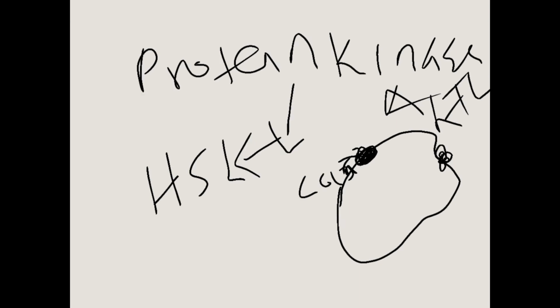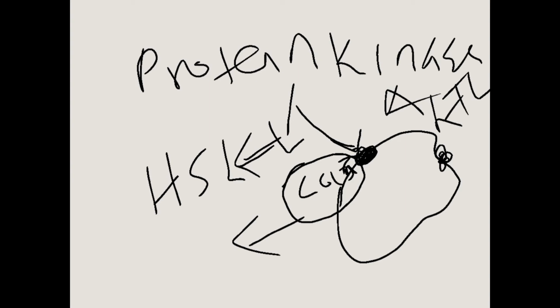So now this protein kinase A should phosphorylate this hormone sensitive lipase and also phosphorylate perilipin. So since perilipin has been phosphorylated now, this comparative gene identification 58 will separate from the perilipin because, remember, it loves to bind to the dephosphorylated form of perilipin.